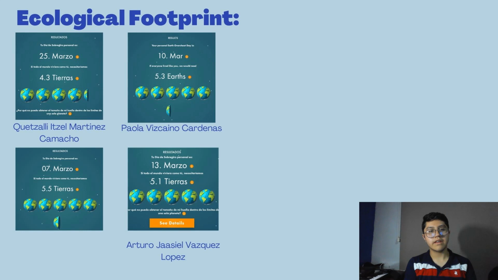This includes embracing energy efficiency by using energy saving appliances and turning off lights and electronics when not in use. Choosing environmentally friendly transportation options such as walking, biking, or using public transport helps minimize carbon emissions.